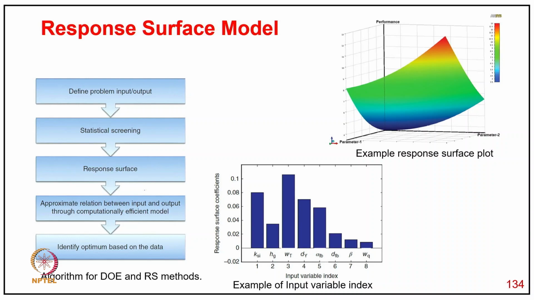Then of course, what you get is typically an example of input and output, followed by a response surface, which you plot in 3 dimensions, performance against parameter 1 and 2, as a 3 dimensional surface model.